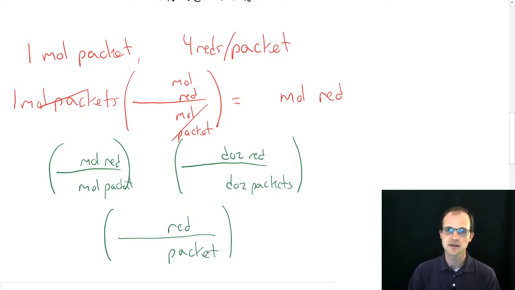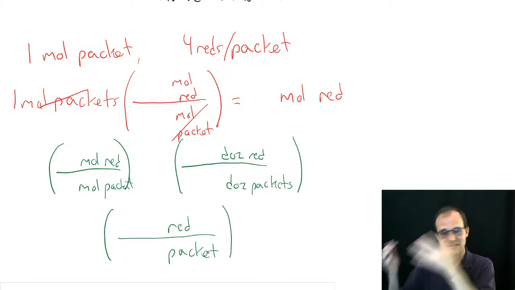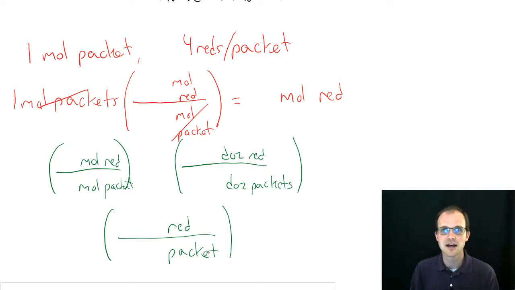Right? Why does that work? It works because if you've got 1 of something, and let's go back to our cars. We have one car, it's got 4 wheels. If we have 12 cars, it's not like my ratio of wheels to cars all of a sudden changes. So in my 1 dozen cars, I have 4 dozen wheels. And then since a mole is just another count, just like a dozen, just an unfathomable count, then my ratio of 4 wheels to 1 car doesn't change.